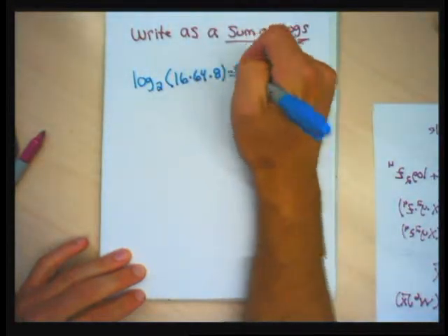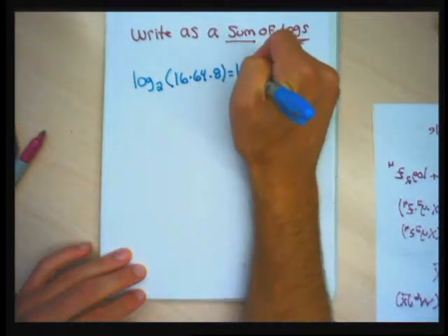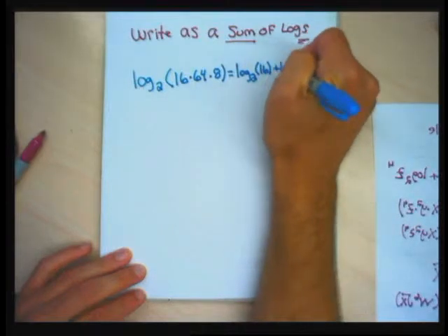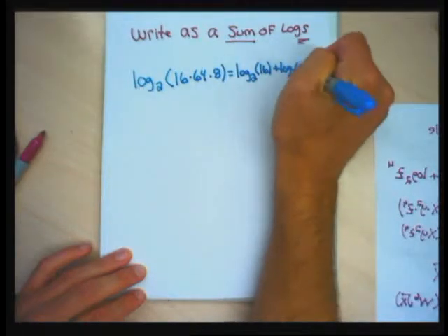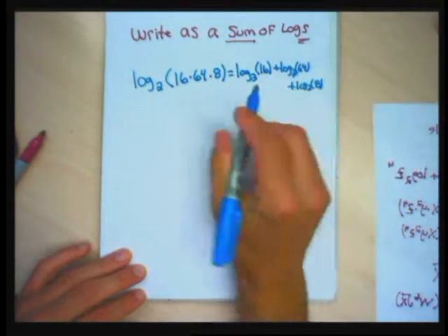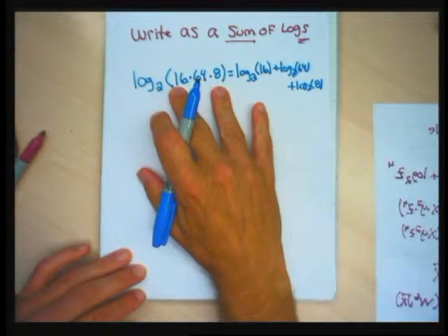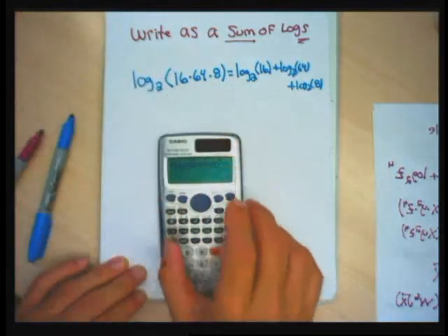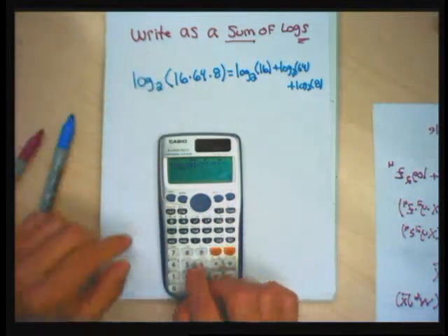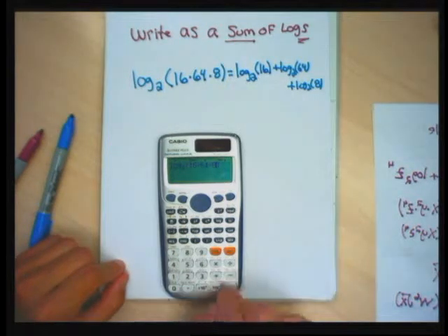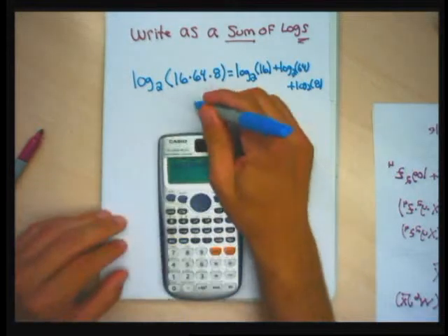So going backwards, this would be the log base 2 of 16 plus the log base 2 of 64 plus the log base 2 of 8. That's just going backwards. If I have multiplication inside a single logarithm, I could expand from a single log to a sum of logs. And let me show you that these are equal to each other. The original was the log base 2 of 16 times 64 times 8, which was 13.